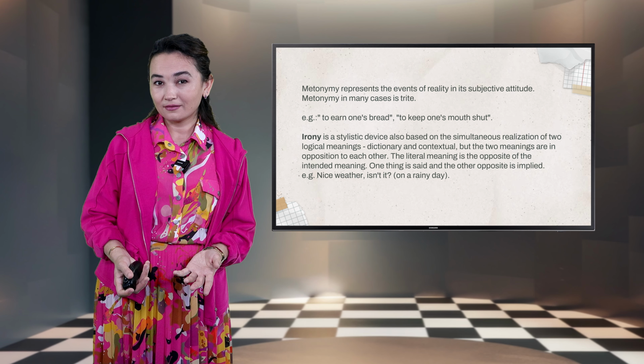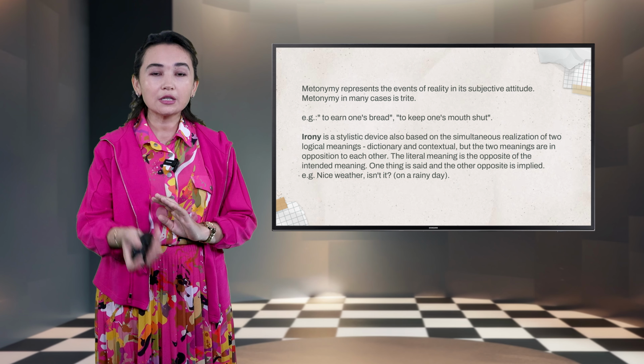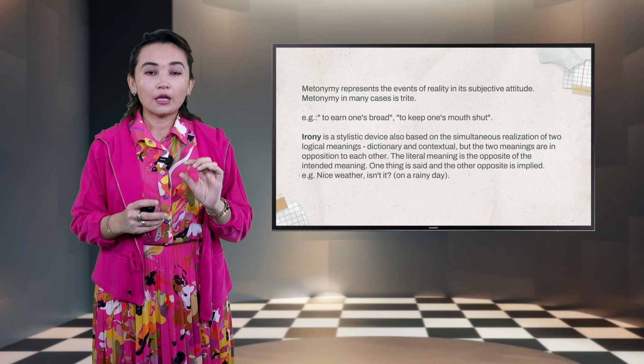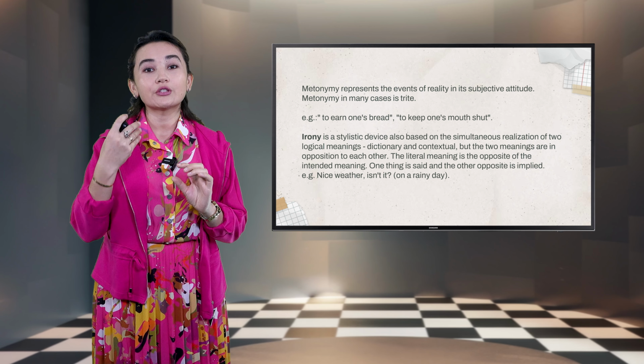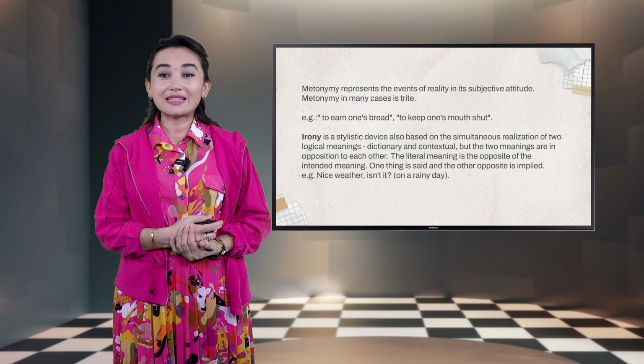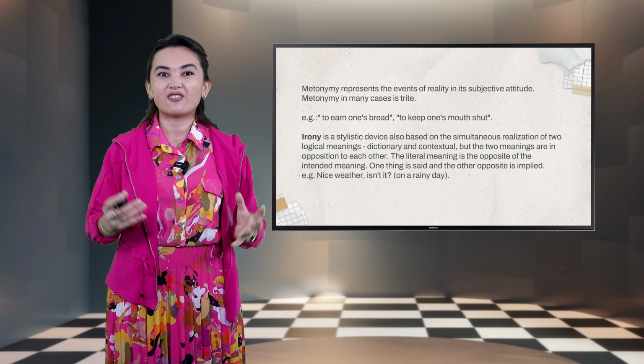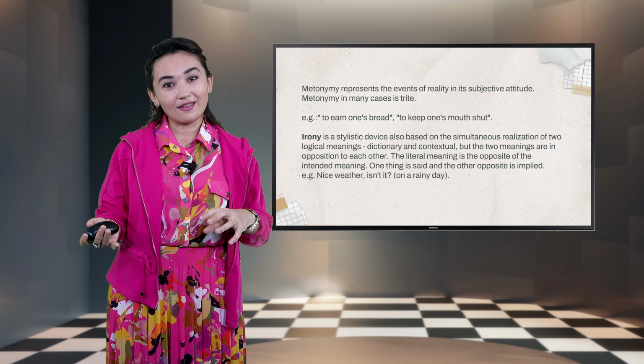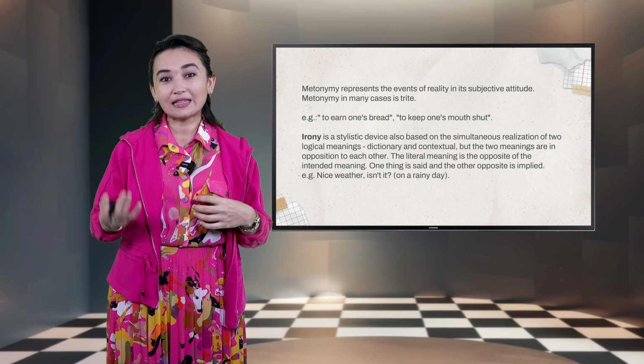Can you understand me or not? Let me give you an example in order to be clear and understandable for you. For example, nice weather, isn't it? On a rainy, stormy day. So now, is it clear for you?